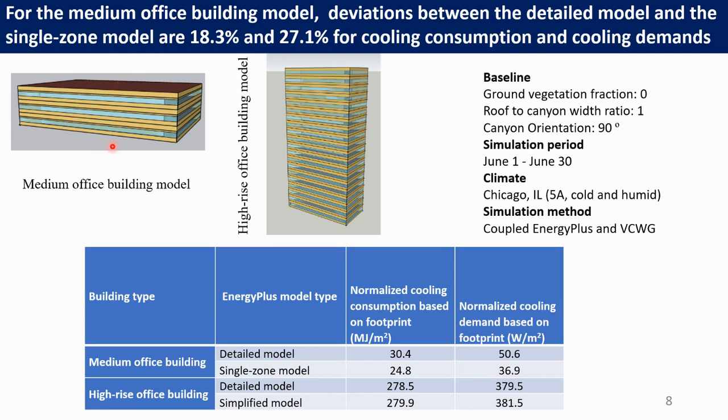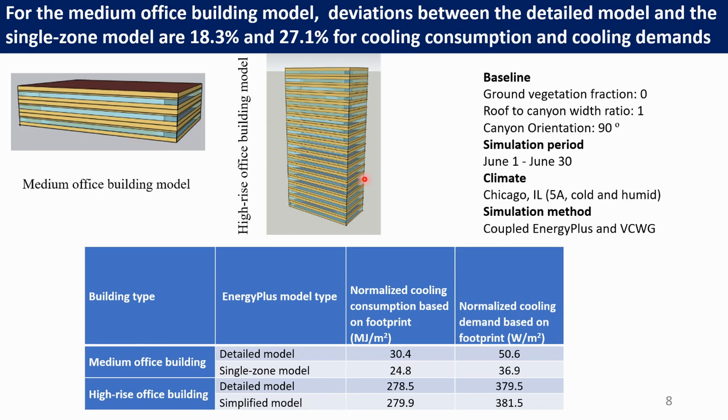For the medium-sized office building, we simplify that to a single zone building energy model. That just represents the current status of urban physics models, where mainly we have a single zone model involved. So that's a simplified energy model.